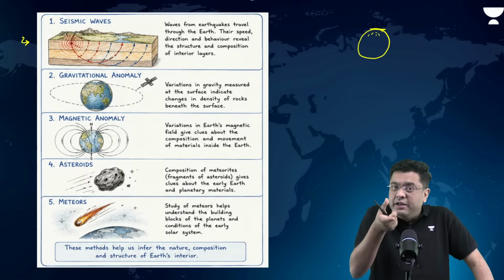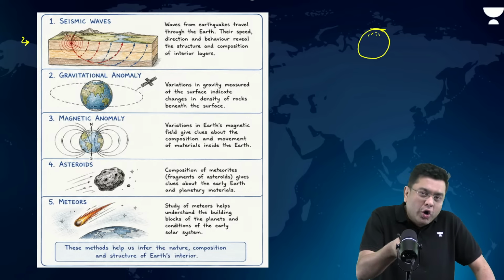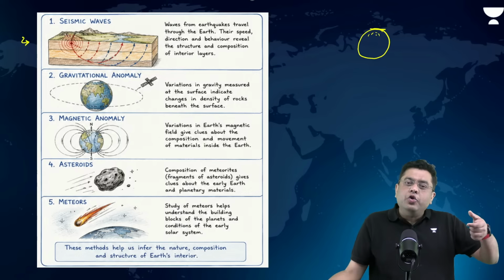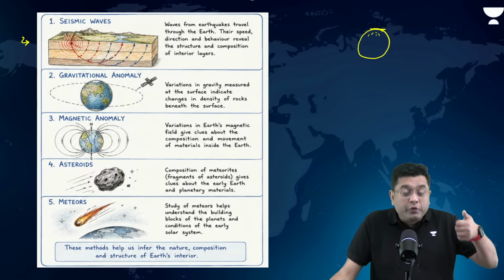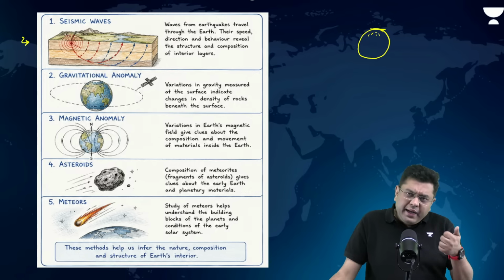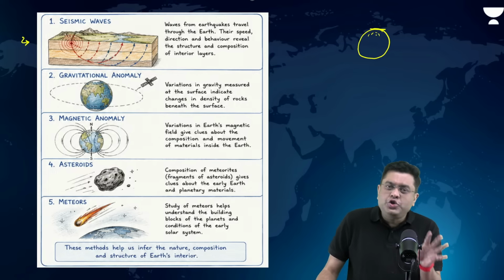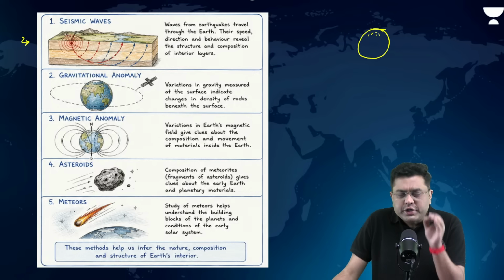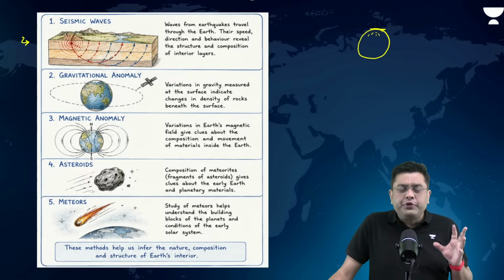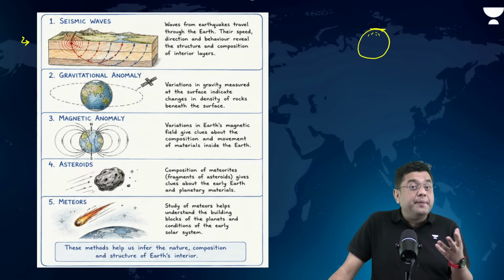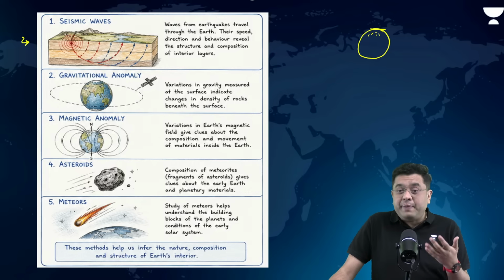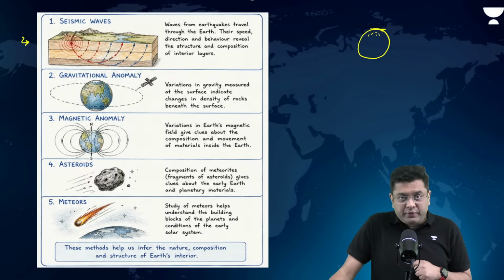With that information, you can always get an idea of what would be the depth, the kind of material, and so on and so forth. Okay, so seismic waves have actually been the most important indirect source when it comes to getting an idea about how the internal structure of planet Earth actually is.